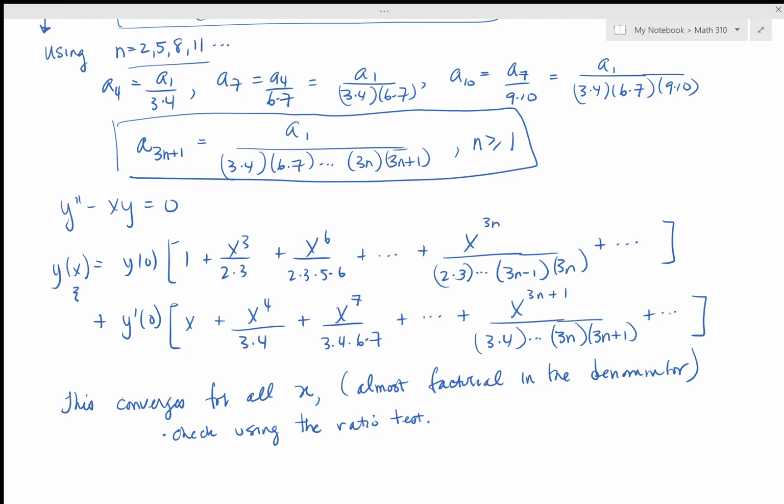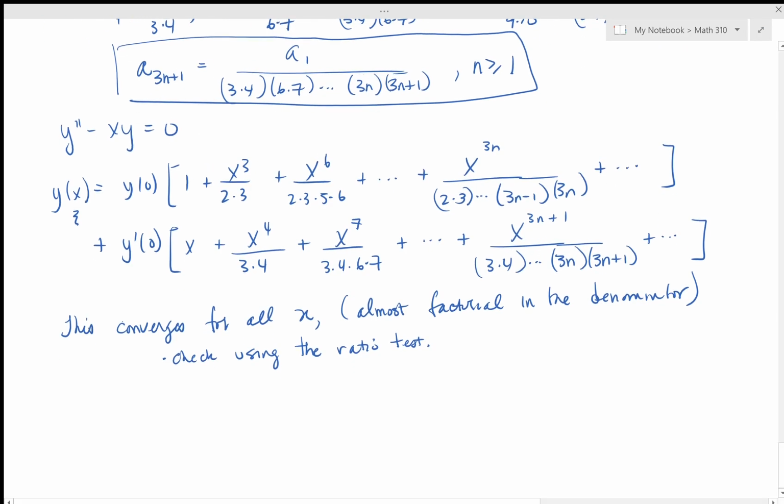And all of our points being ordinary, we have an infinite radius of convergence. So you can do everything with this function that you can do with other functions: plot it by terminating and yielding a polynomial approximation, calculate values for it, take its derivative, integrate it. You can do all of these things.